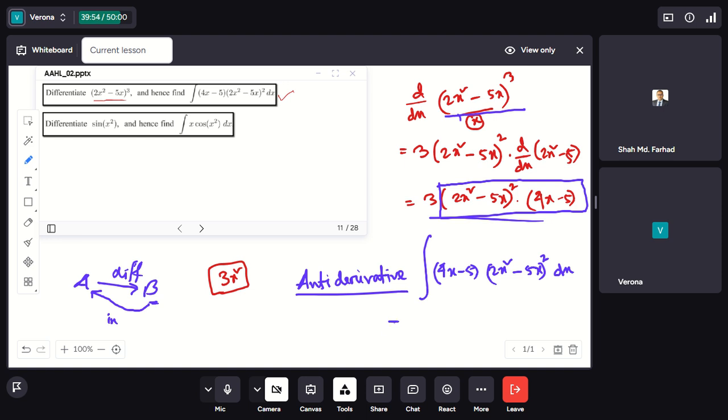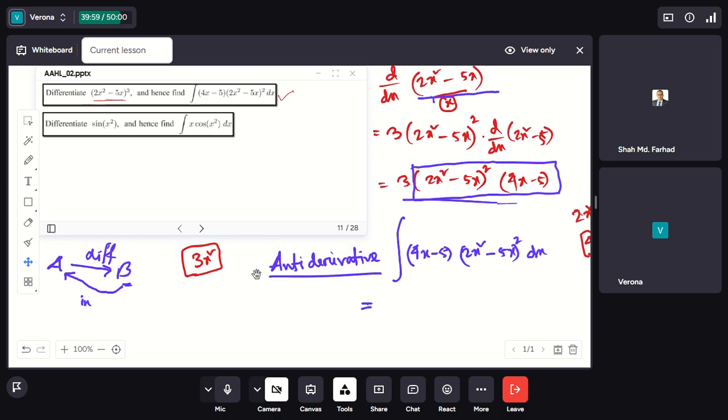Now if we rewrite this, if we put 3 here, that is 3 times (4x minus 5) times (2x square minus 5x) square dx, then we can write it as (2x square minus 5x) whole cube, right?